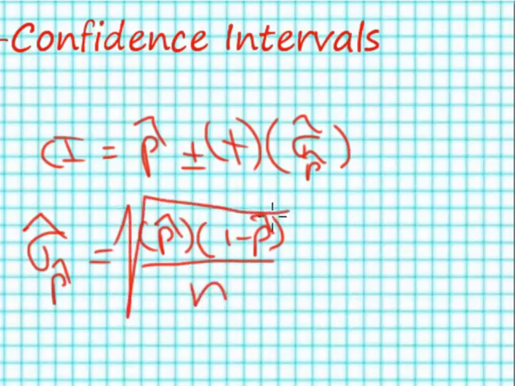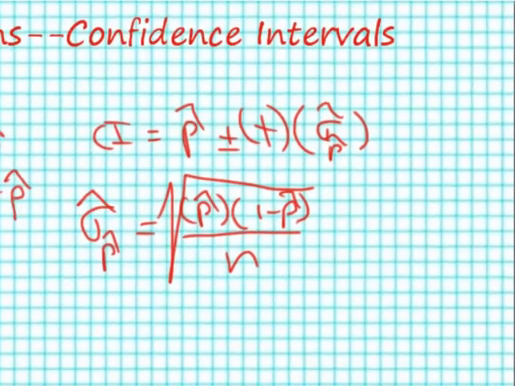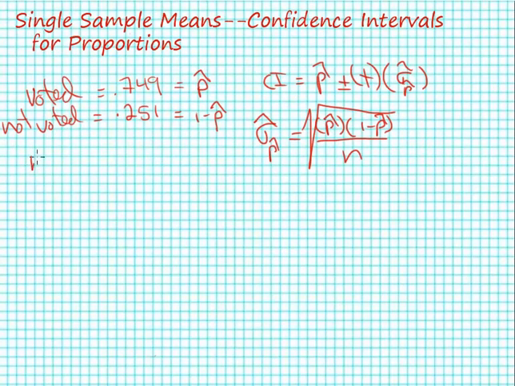So we have to know how many people were surveyed in 2010 and 2012, and it turns out our sample size is equal to 3,407 individuals. The last thing we need to know is our t statistic. This is a very large sample, so I can go ahead and use the z-table or the t-table and look it up with 3,407 degrees of freedom.